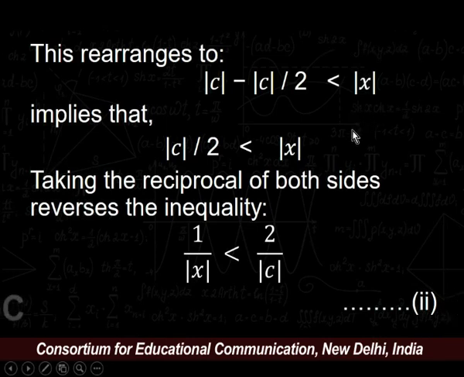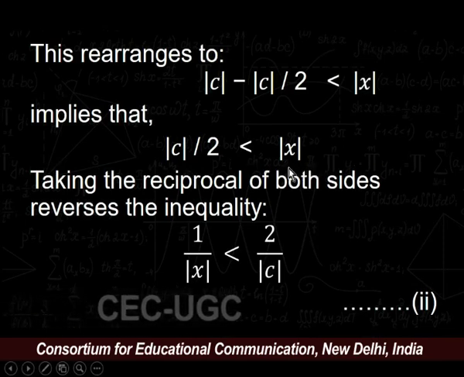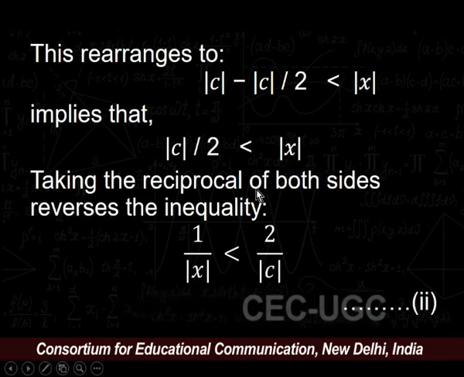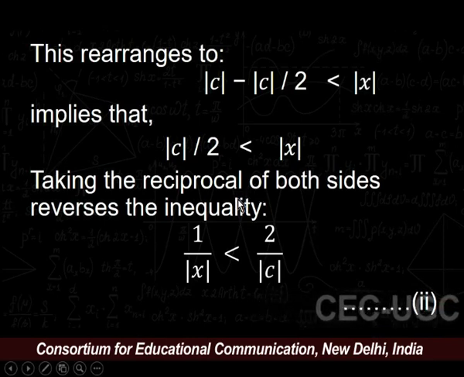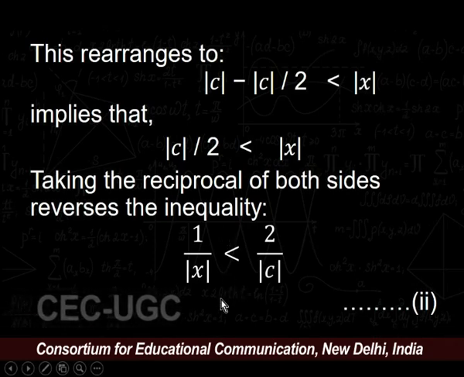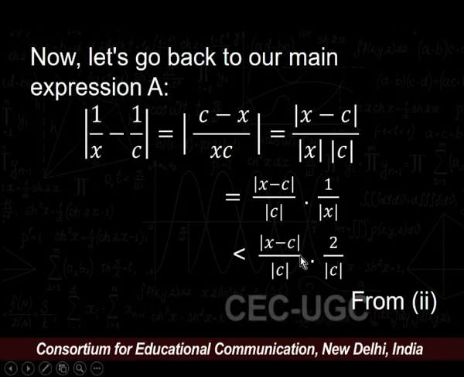After solving this, we get |c|/2 is strictly less than |x|. Now, taking the reciprocal of both sides and reversing the inequality, we get our equation number 2: 1/|x| is less than 2/|c|.